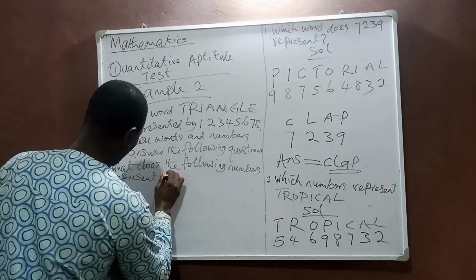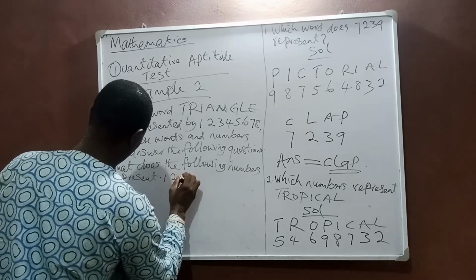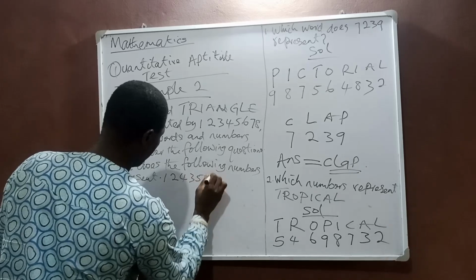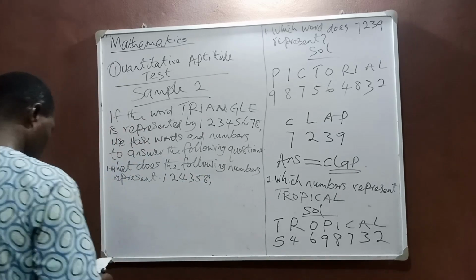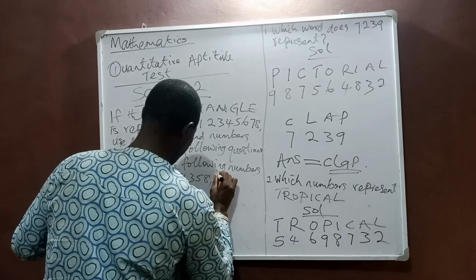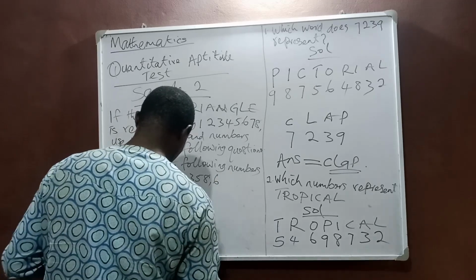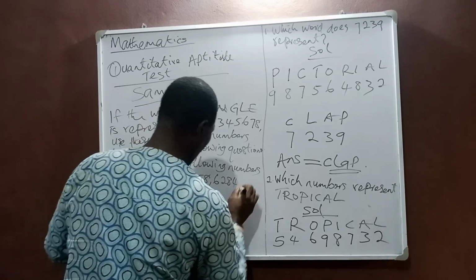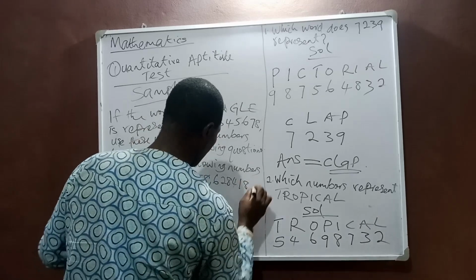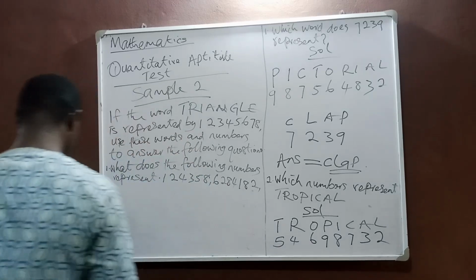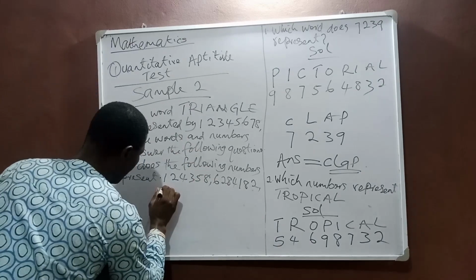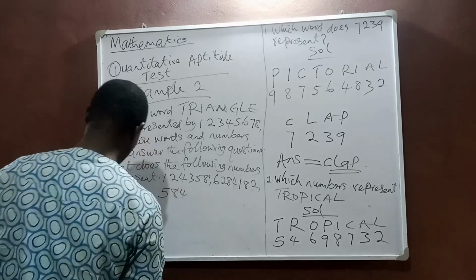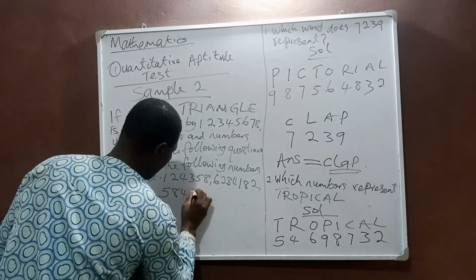See the numbers: 1, 2, 4, 3, 5, and 8. The next number, 6, 284, 182. And the third number, 584, 284.